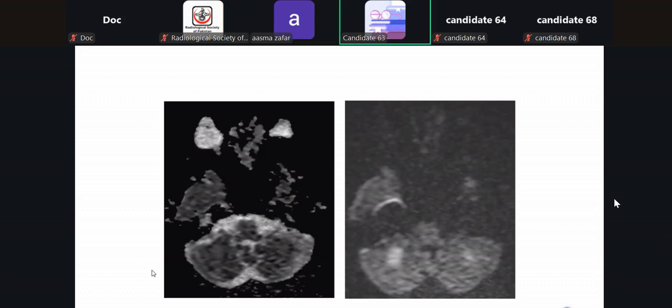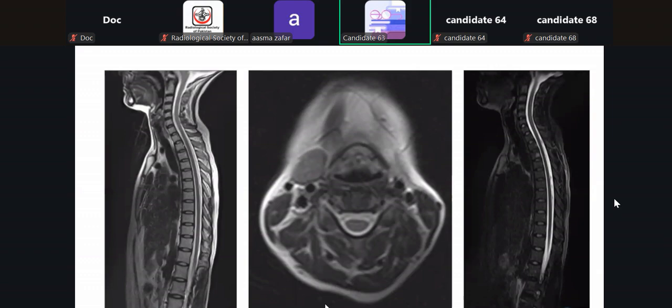Next image, ma'am. So in this case, would you like to do anything else? Go back to history. Broad-based gait and ataxia. So these are the axial sections. These are the sagittal sections, spine, thoracodorsal spine, axial sections, T2 weighted image.